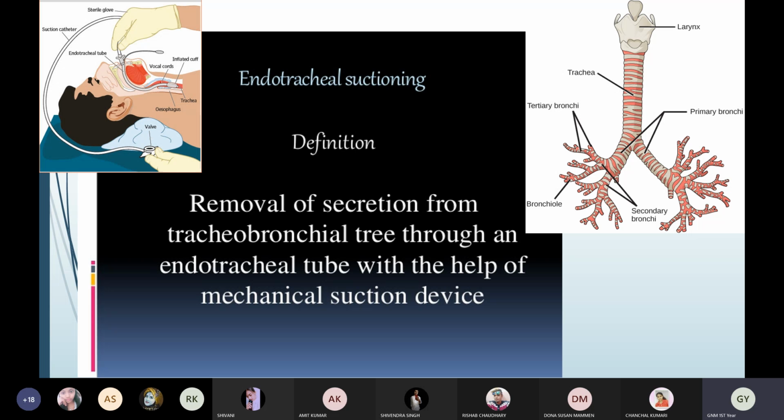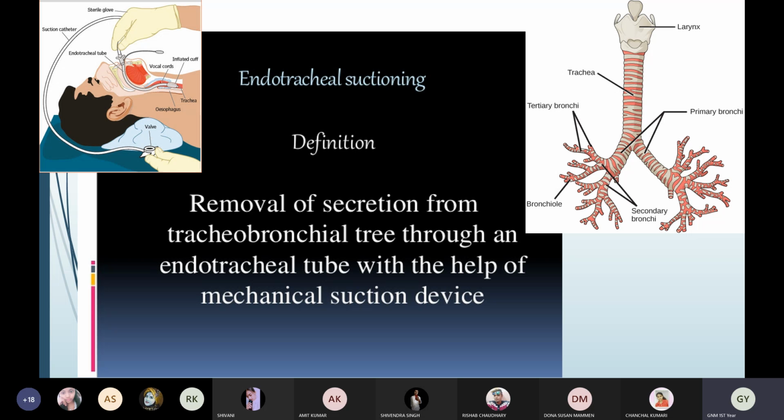If there are any secretions in the tracheobronchial tree, anywhere in the trachea or in the bronchi, primary, secondary, tertiary bronchi, then we have to remove those secretions, because secretions, if present, will obstruct the pathway of air.